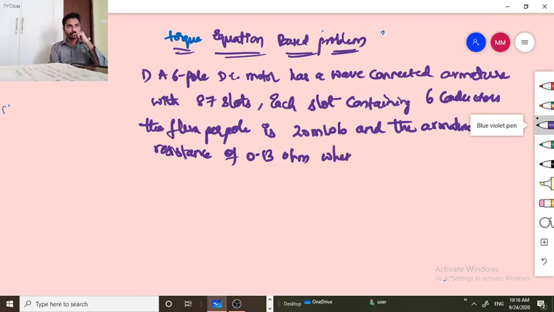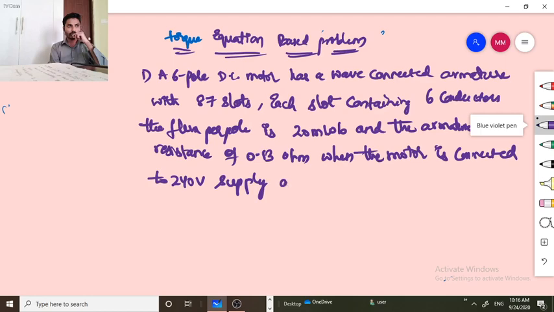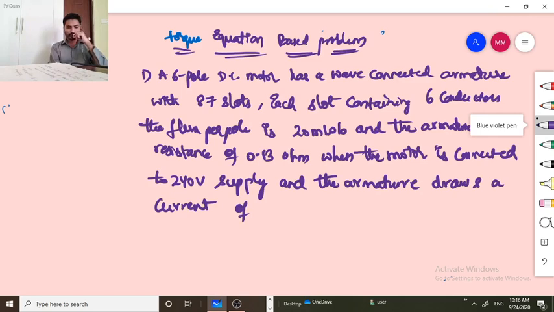When the motor is connected to a 240 volts supply and the armature draws a current of 80 amperes, driving a load of 15 kilowatt.